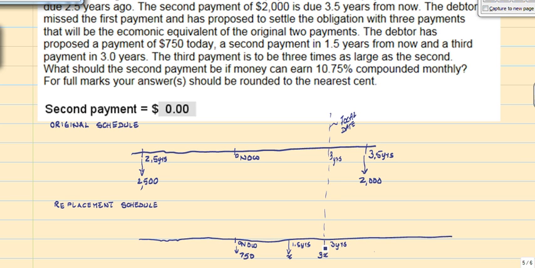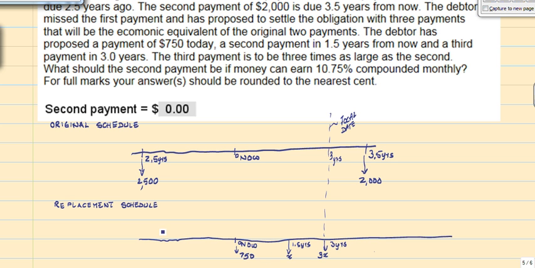So if we choose focal date 3 years from now, we want to find on the focal date equivalent values of all the original payments. So we want to find equivalent value of $2,500 on the focal date and $2,000 equivalent value on the focal date.